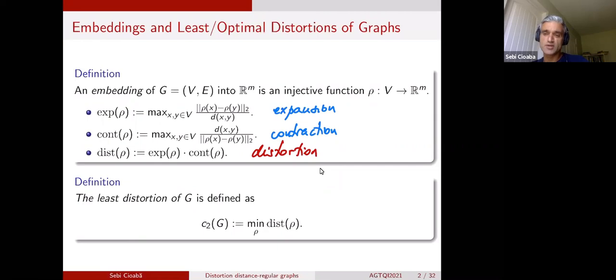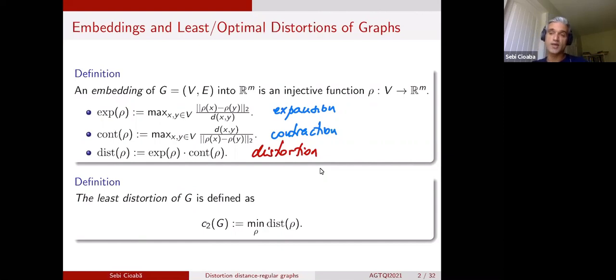What I'm giving you here is this notion restricted to the graph situation. It is a much more general notion that can be defined for finite metric spaces, I think arbitrary metric spaces, and so on. But here I'm just going to talk about embedding finite graphs into Euclidean spaces.